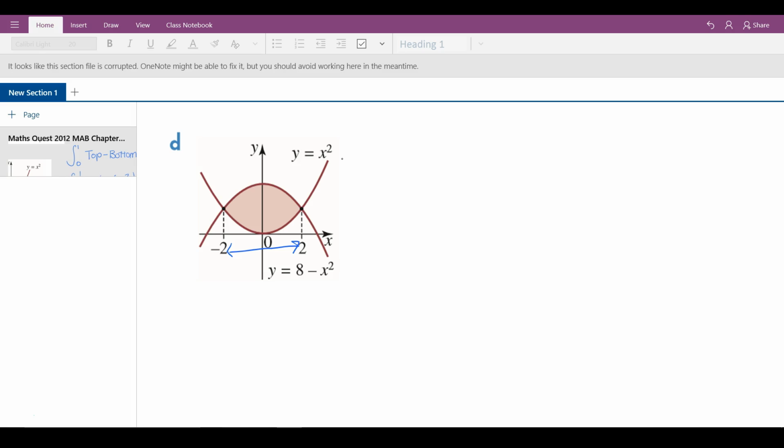So when you have a sad face, you are usually with a negative x squared. When you have a happy face, you're usually with a positive x squared. Alright, so let's look at the happy face. Happy face is on the bottom. So the sad face is on top.